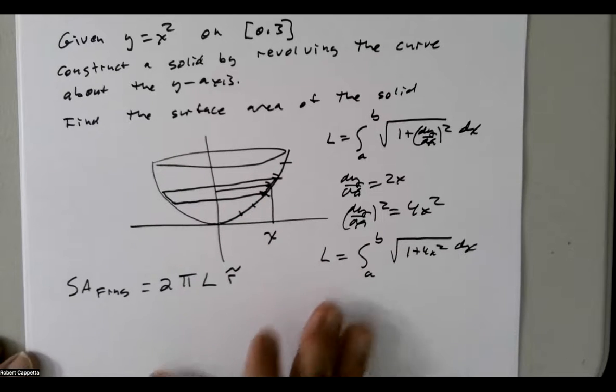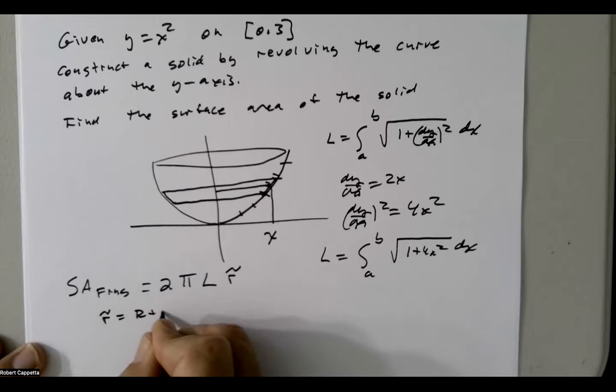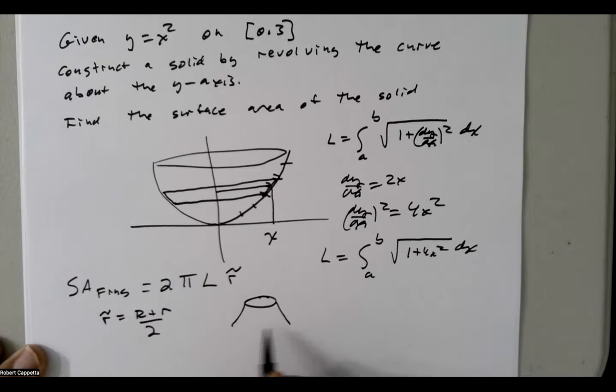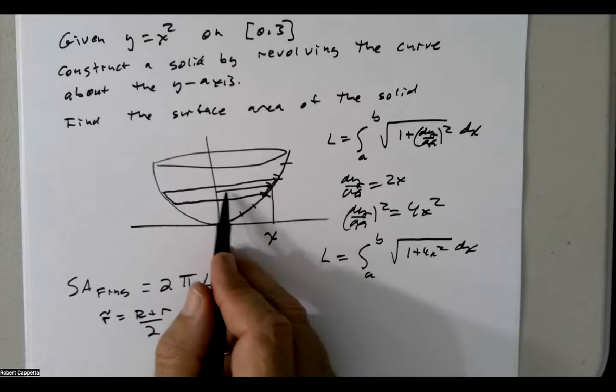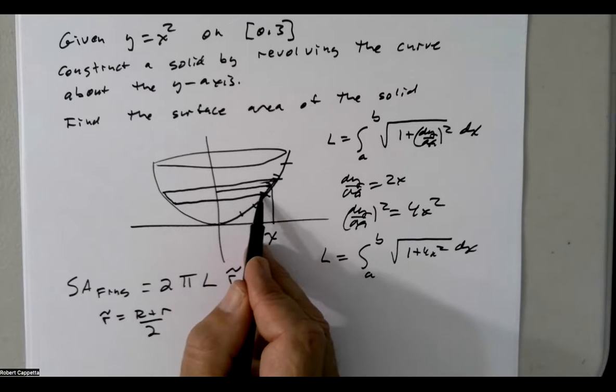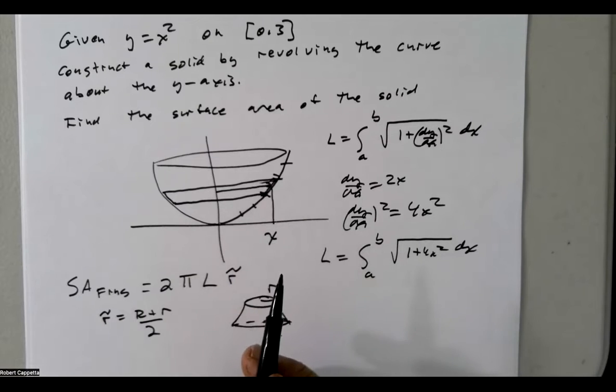So remember, our r with a tilde is the average of the two radii. So that's the big radius plus the little radius over 2 for our frustum. Our frustum looks like this: little radius upstairs, big radius downstairs. So r tilde is the big radius plus the little radius over 2. Again, my big radius is this one, a little bit more than x. My little radius is this one, a little bit less than x. But their average will be x, or very, very close to x.